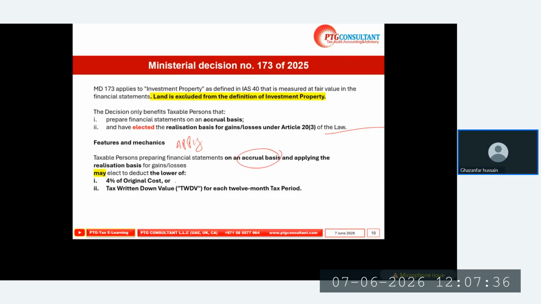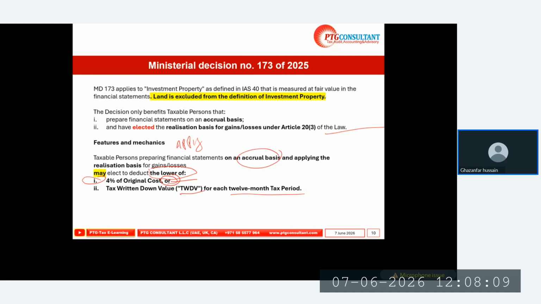Now we have to calculate the tax depreciation: the lower of 4% of original cost, and the word is or, 4% of original cost or the tax written down value for each 12-month period. So we need to calculate 4% of the original cost, and then compare with the tax written down value. Whichever is lower, that we will deduct.